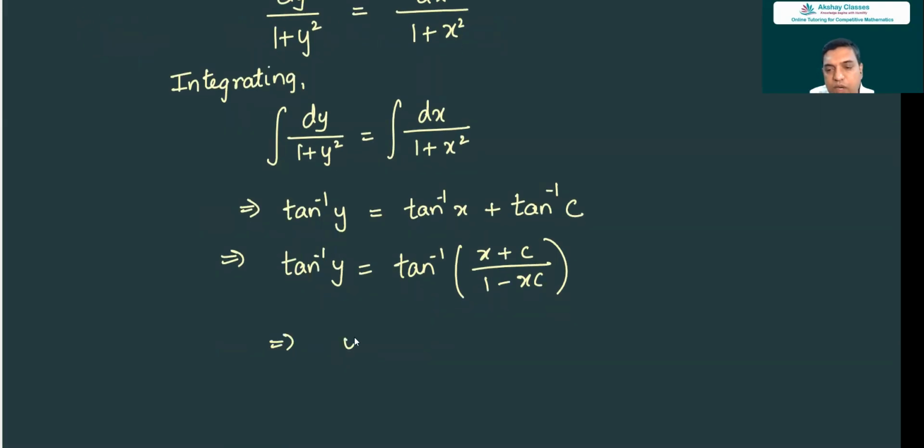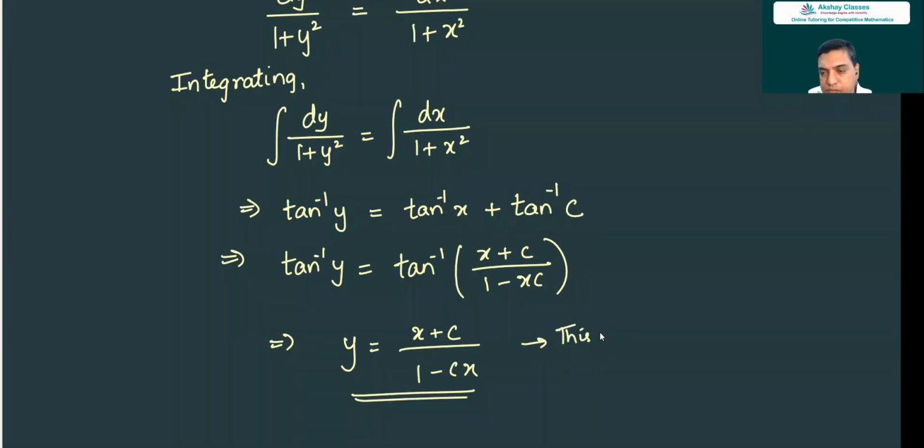So we get y is equal to x plus c upon 1 minus cx. This is the solution.